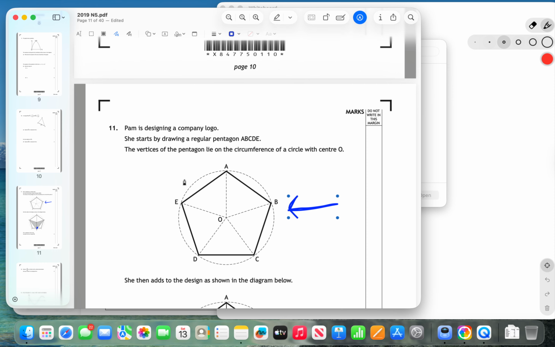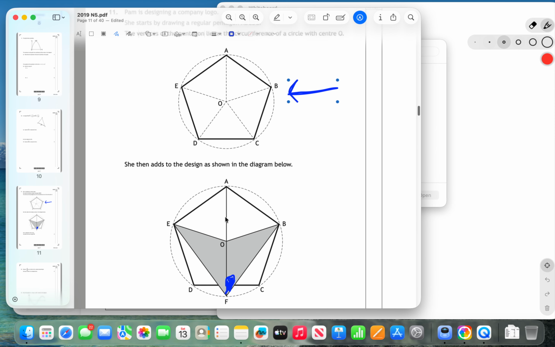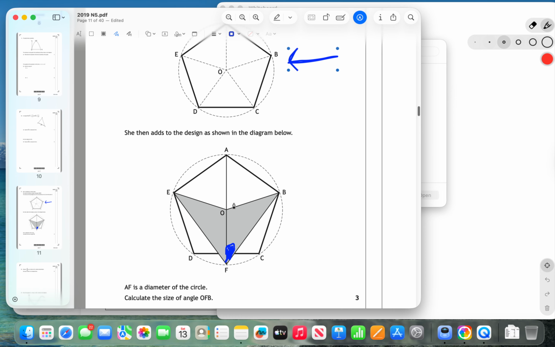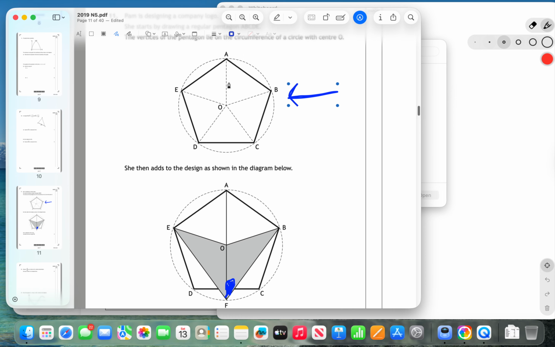So it's a regular pentagon inside a circle, meaning that all 5 of the sides have to be the same length, and the vertices lie on the circumference of a circle, and the centre is O. If you have a look, first of all, angle AOB, I'm going to put a dot on that one, and a dot on this one.